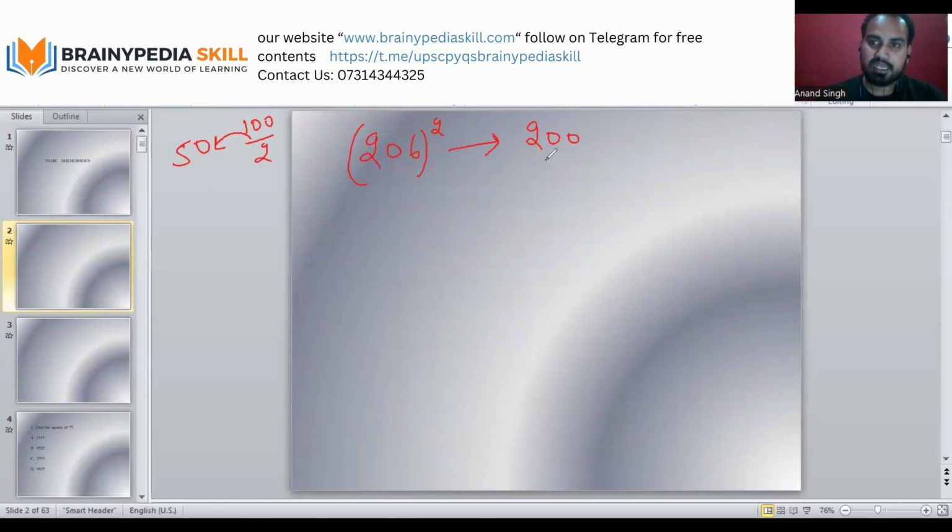Similarly, when we take the 200 base, it is going to be 100 multiplied by 2, then we have 200, right? Now the similar steps we are going to follow in this particular question as well, right?